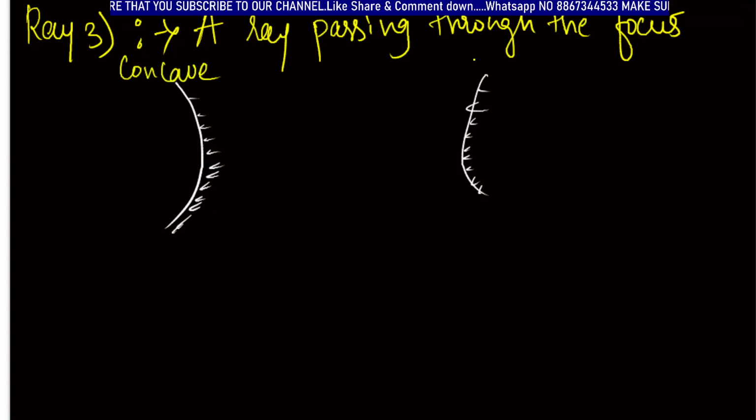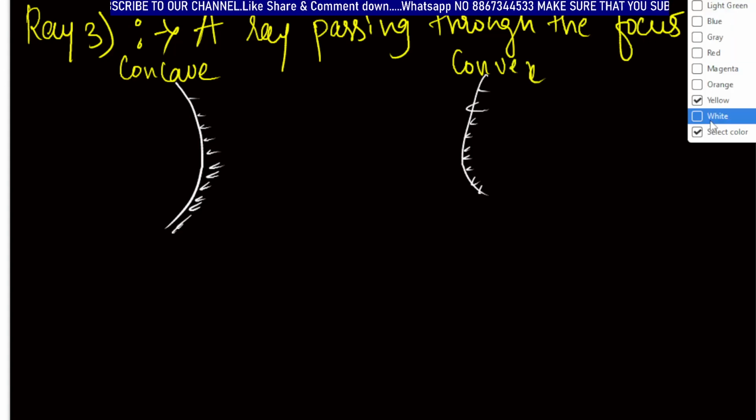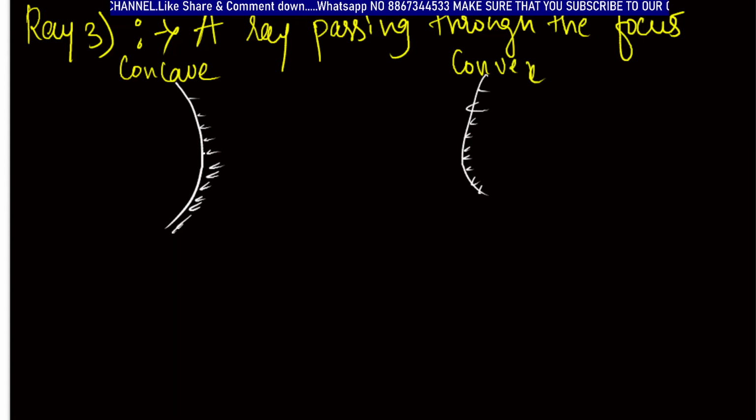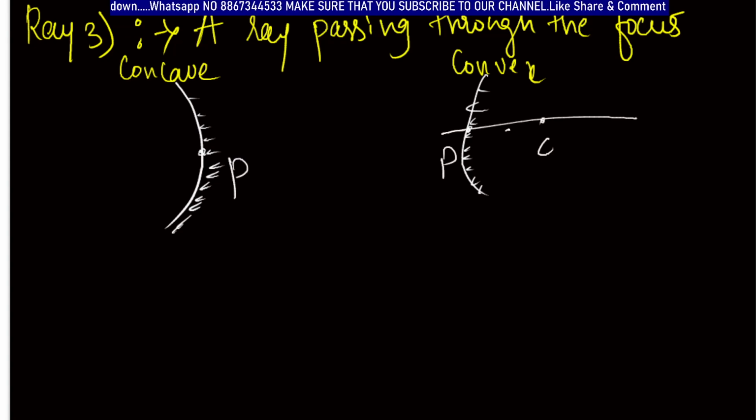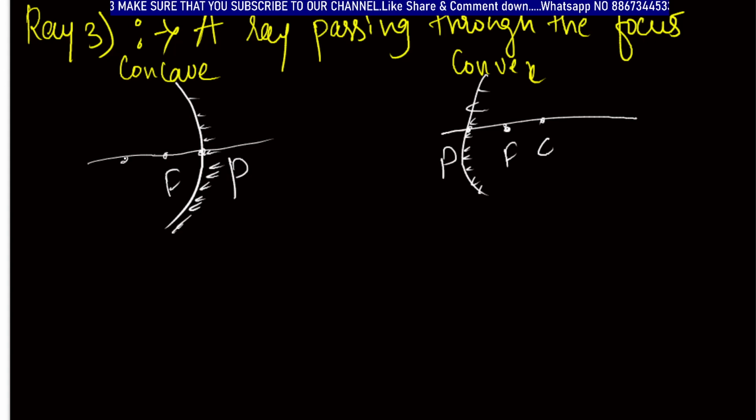This is the pole, this is the center of curvature, this is the focus, this is the principal axis. A ray passing through the focus: whenever a ray passes through the focus, it deviates back parallel to the principal axis. Point to be remembered, whenever a ray passes through the focus, it always deviates parallel to the principal axis.